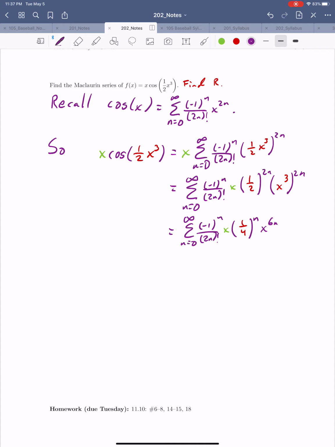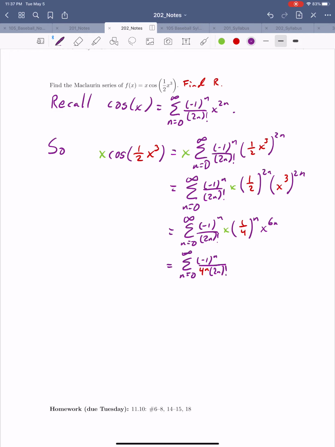Okay. Now at this point, I can drop the colors, right? I can just say, well, look, we're going to have (-1)^n over, I guess this is going to be 4 to the n, that (1/4)^n. Maybe I'll put that in red just to emphasize where that went. And then this is times (2n)!.